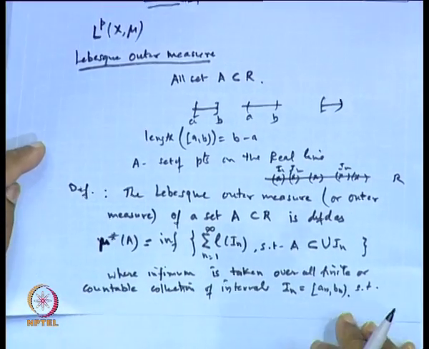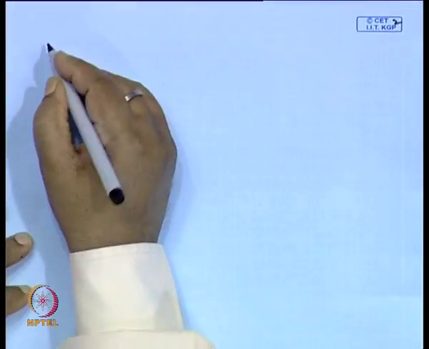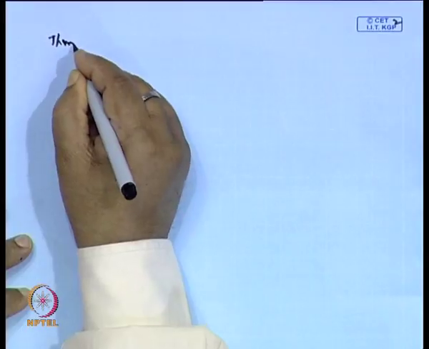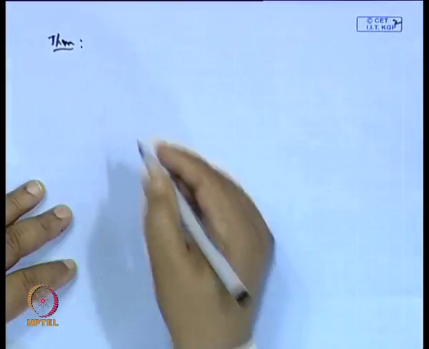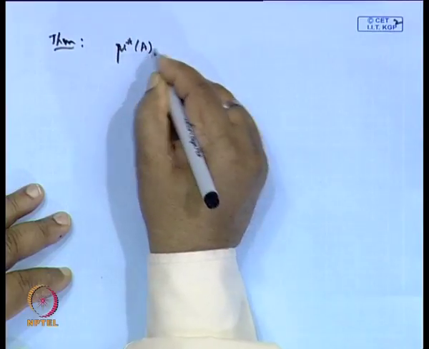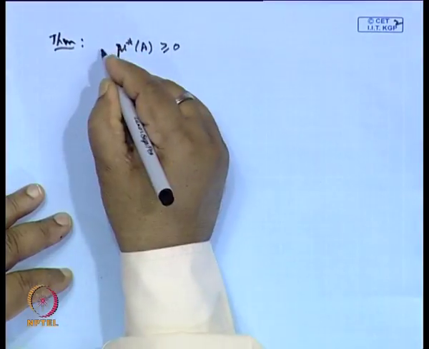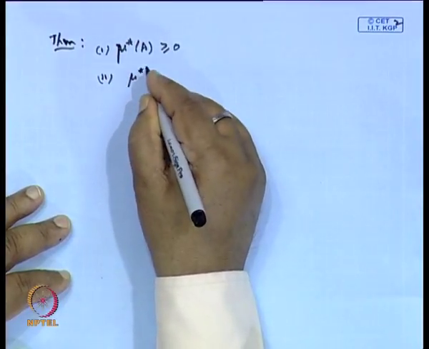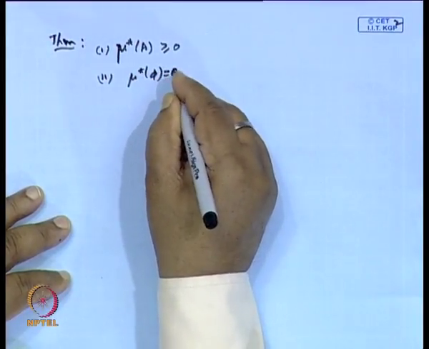Okay. Now, this outer measure satisfies the following conditions. The result, or theorem: the outer measure μ*(A) will always be non-negative. The outer measure of an empty set is 0.